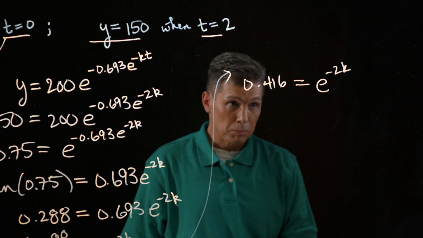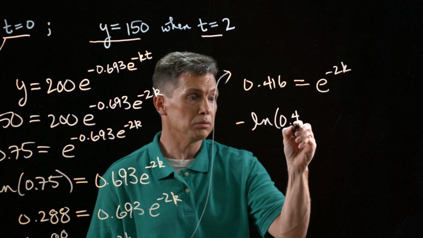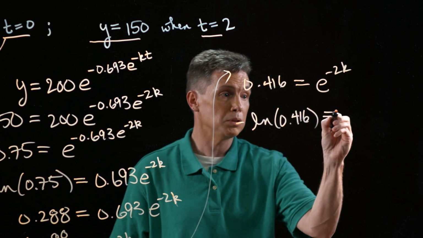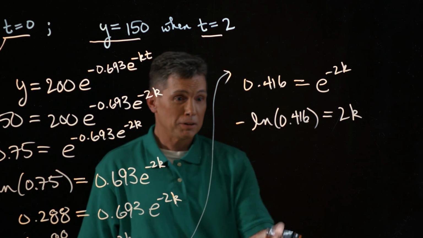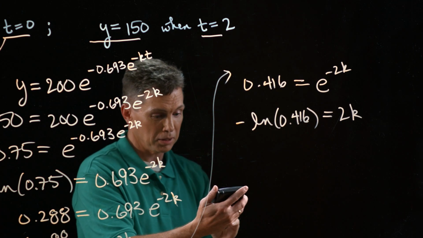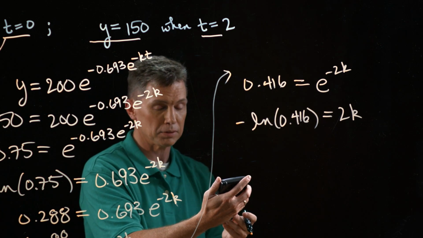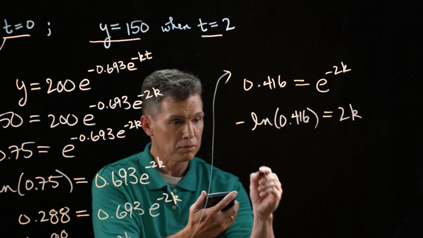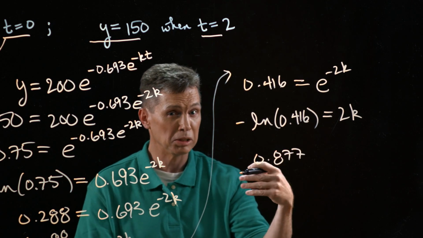Now we'll do those logarithms, and here are my minus natural log 0.416 will equal 2k. Go to the calculator, evaluate this natural log. I'm doing a natural log of 0.416. That is a negative 0.877. One more time, you heard me say negative.